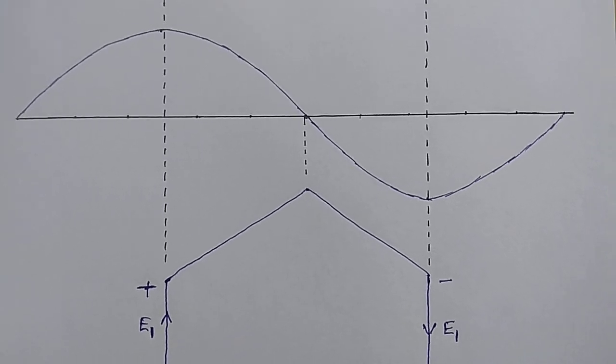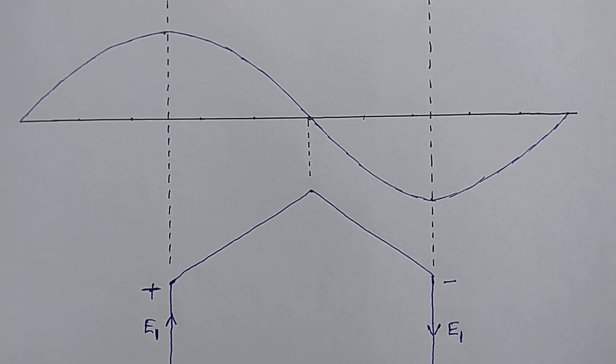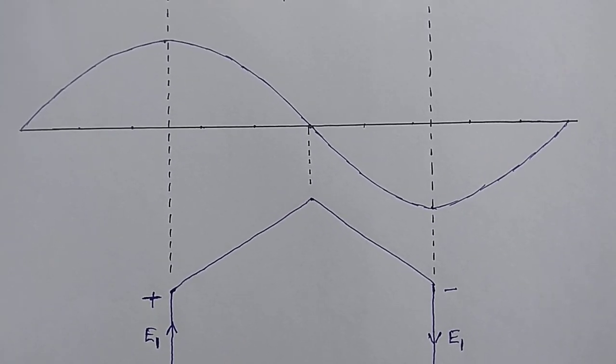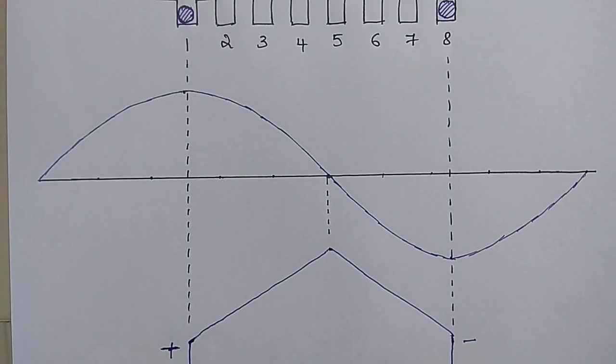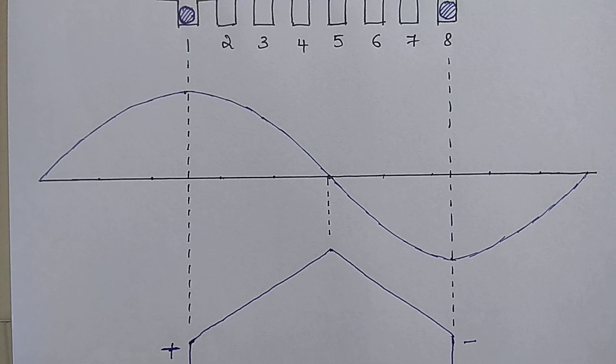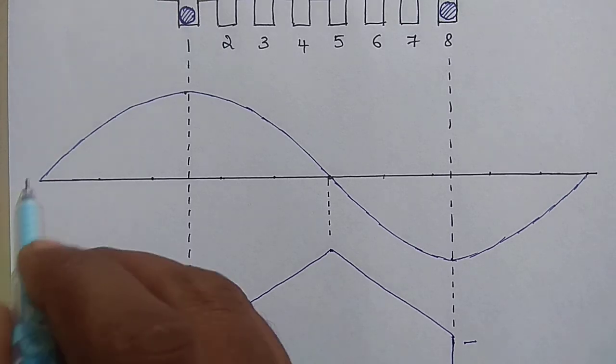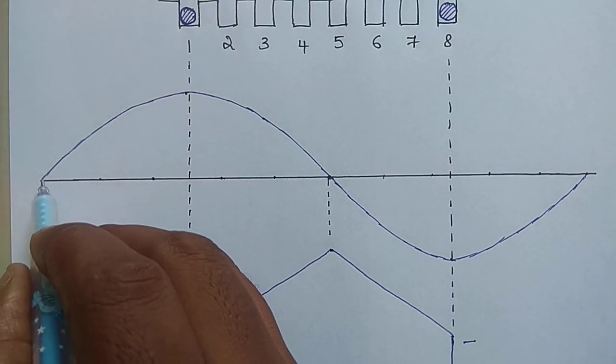Coming to the fifth order harmonic, now I will draw the fifth order harmonic in the same waveform. What do we mean by a fifth order harmonic? It will complete 5 cycles.